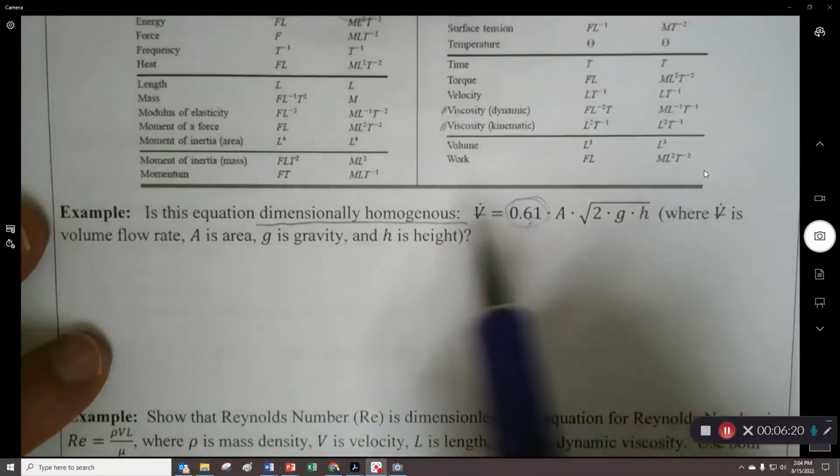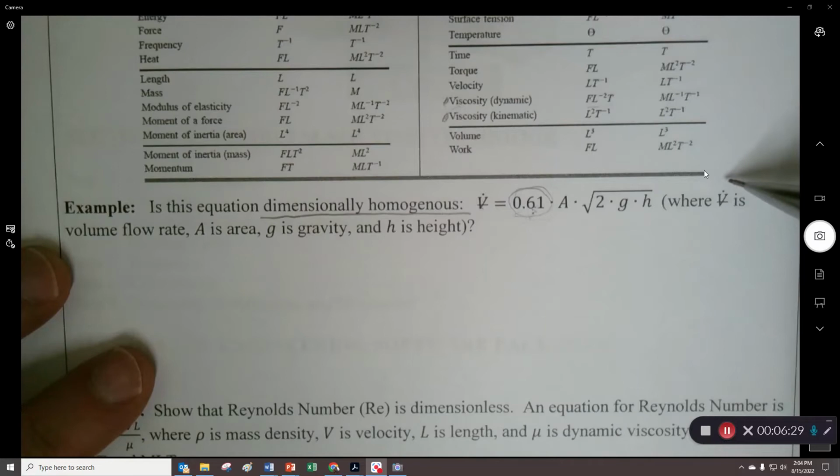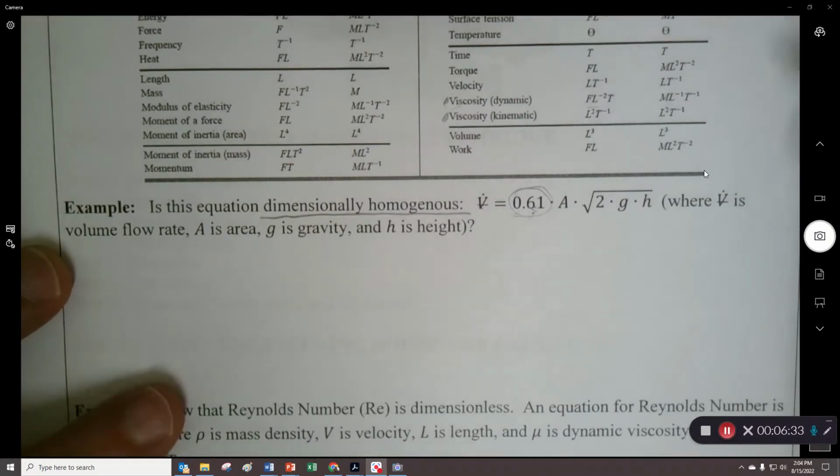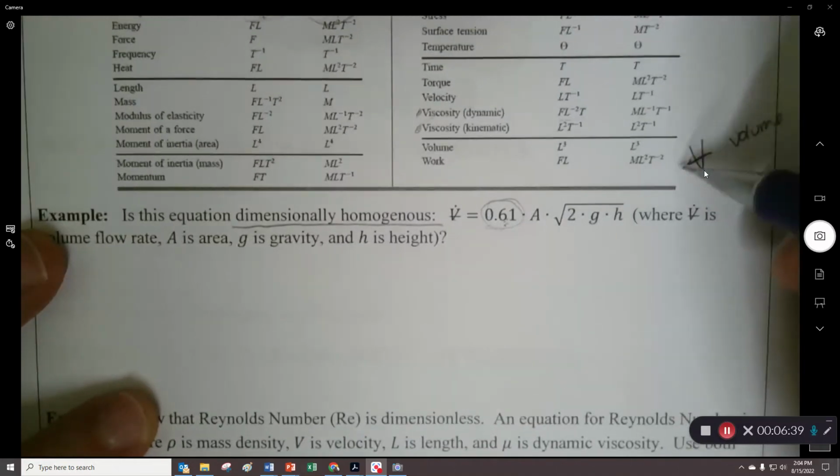So right here, this is going to be volume flow rate, and I should point out there's too many V's. In fluid mechanics books, they like to use capital V for velocity, right? So we need something for volume. So I always use this for volume, with a cross out in there.